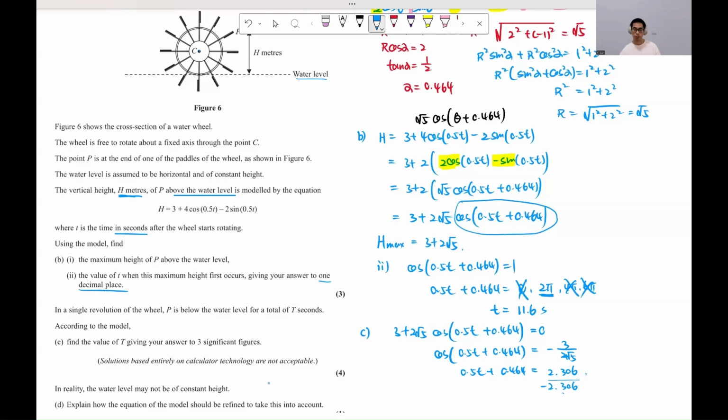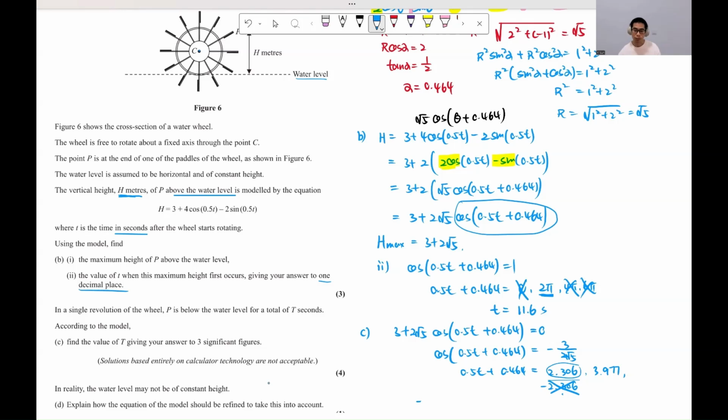But if we add 2 pi, that will give us another positive value, 3.977. And this one plus 2 pi will give us another one, but we don't need that many values. We only need the first 2 positive values, so we ignore this one and just work out those 2.